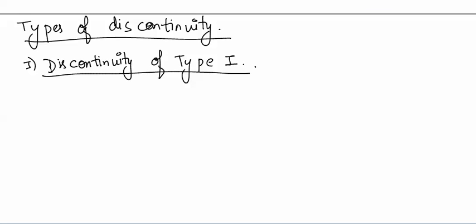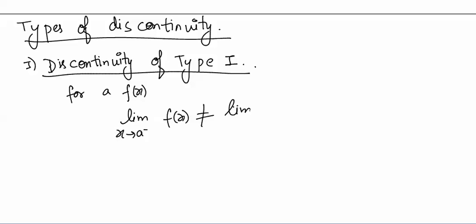Now it is very easy to understand these types of discontinuities. Supposedly for a function f(x), the left hand limit is not equal to right hand limit. Can the function be continuous? Obviously not. In fact, limit is not existing at this point.